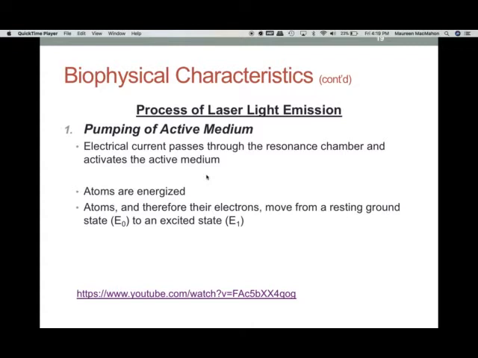The other thing we just heard was that there are three main components of the laser. Do you remember what those are? There's the active medium, and the active medium resides in the resonance chamber. And then in order to get everything going, there needs to be a power source for that active medium.